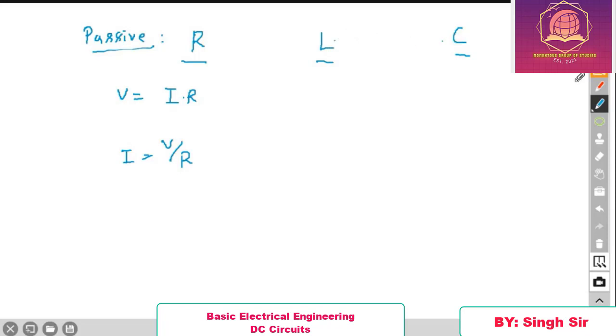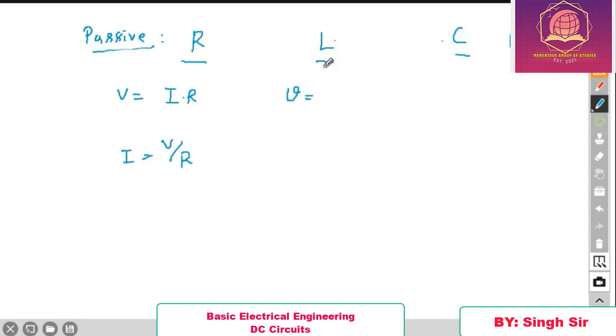Inductance and capacitance will come in your second module, in AC circuits, because for DC circuits inductance and capacitance have no effect. These are memory elements, and we'll see them in detail in the second module. Here I'm just giving you the equations.